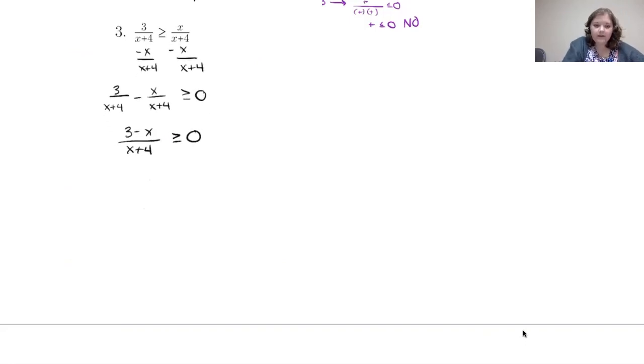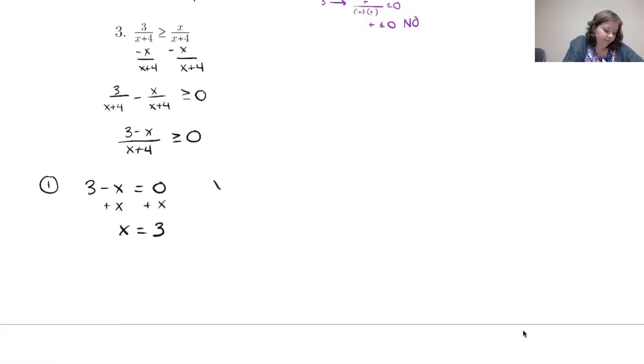Okay. And so then we can go on to the 4 steps of the sign test method. So step 1, we're going to set the top equal to 0 and then set the bottom equal to 0. So 3 minus x equals 0. We add x on both sides. We'll get 3 equals x, or x equals 3.